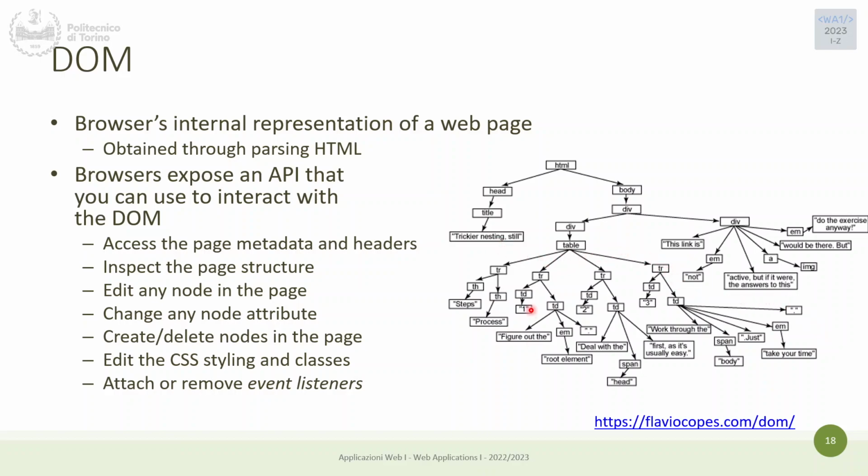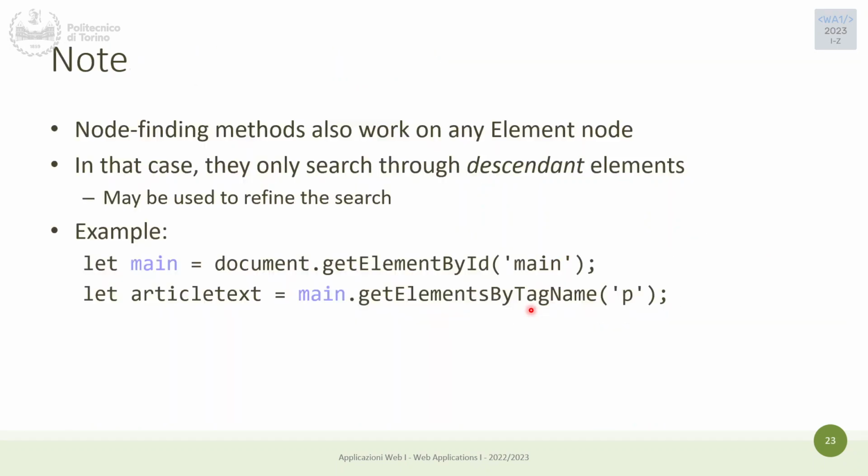So all these methods are accessible from the document object to all its descendants, which is something that is basically written here. You have main, document.getElementById main, and then on the main you execute getElementsByTagName p to obtain all the paragraphs inside the main.